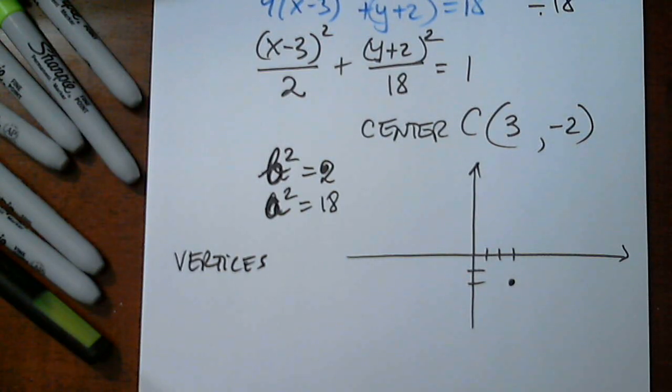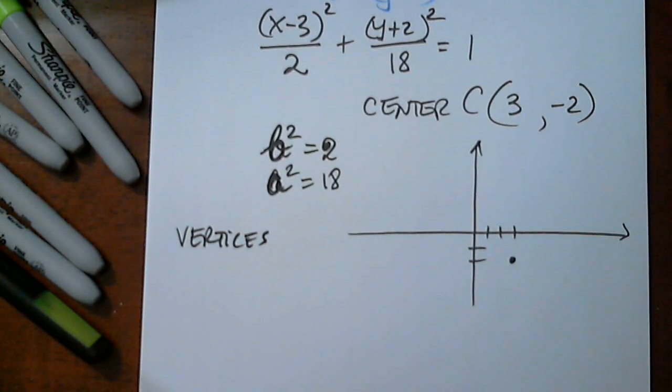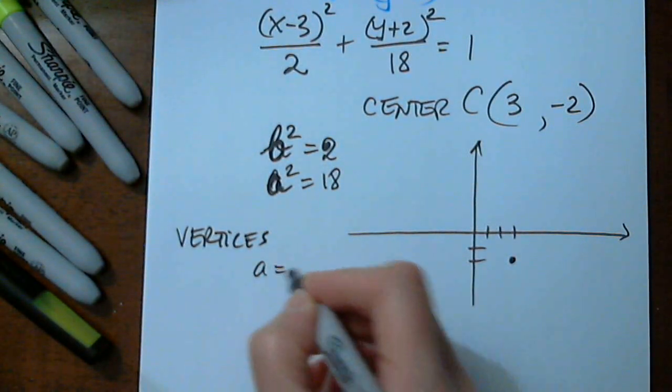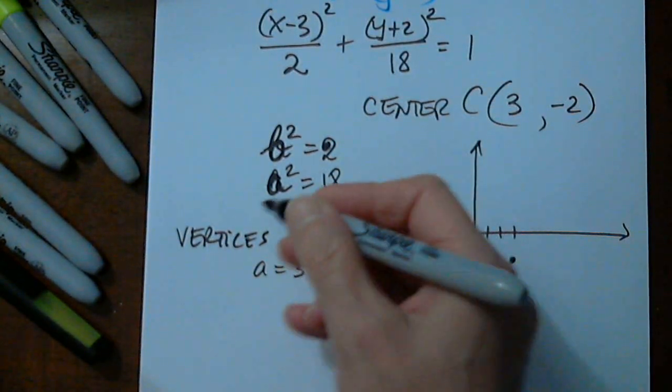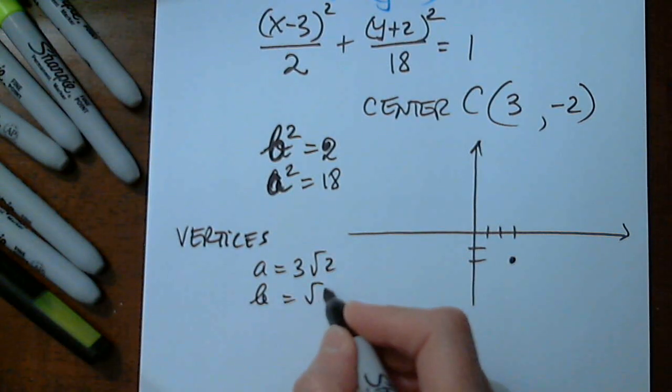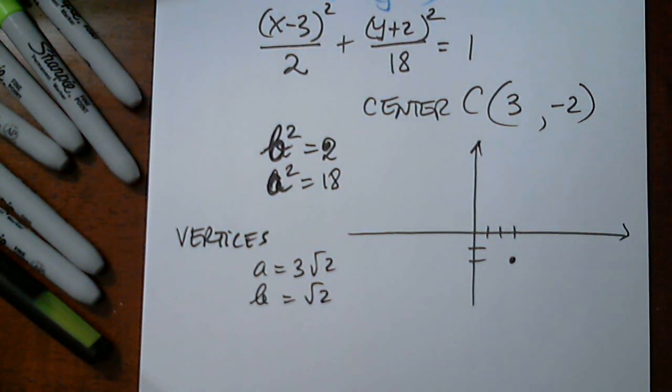Can anyone tell us how to find the vertices? So let's write that A is the square root of 18, which is 3 square root of 2, and let's write that B is the square root of 2. That's a good idea to start with that. Next step.